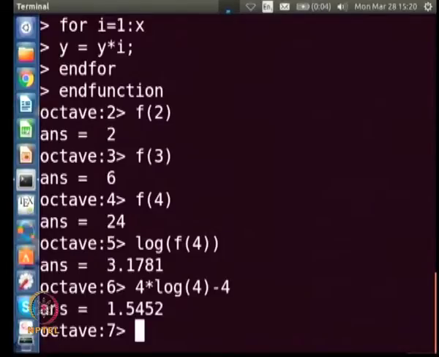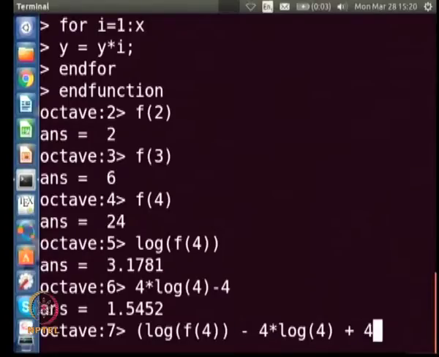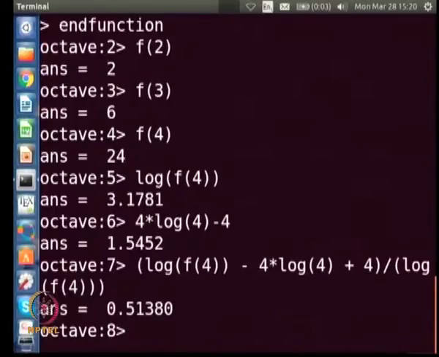We can actually calculate the relative error: log of f of 4, the exact number, minus 4 into log of 4 plus 4, and I divide this entire quantity by log of f of 4. So the error is like some 51%.